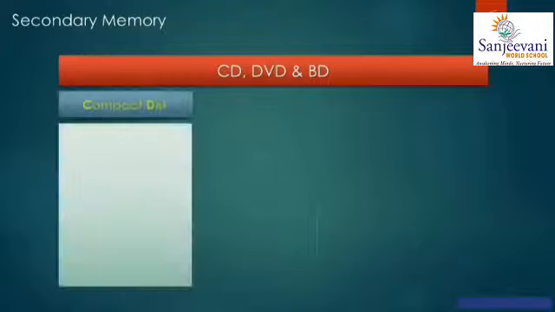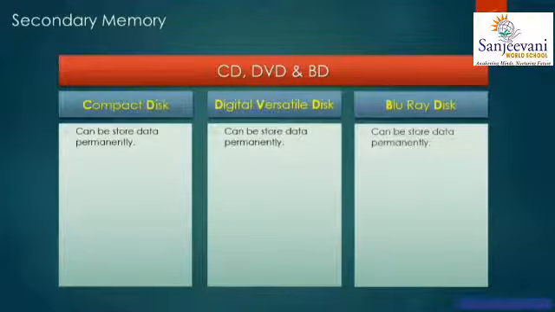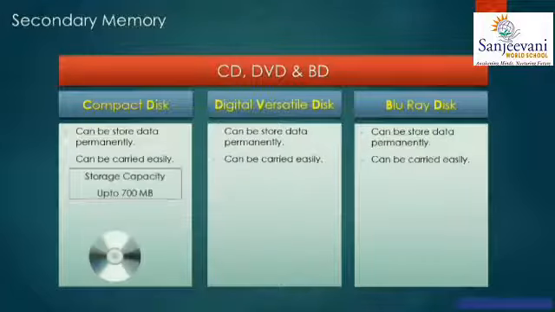Next we have CD, DVD and BD. Let me explain by differentiating all these three. CD stands for compact disc, DVD stands for digital versatile disc, whereas BD stands for Blu-ray disc. All the three discs store data permanently. All these three are portable so that you can carry your data easily, but their storage capacity differs.